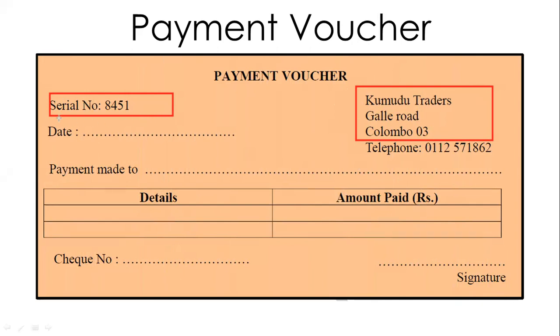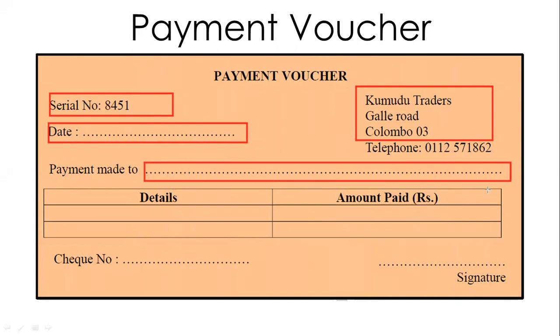Then we report the date of the payment. Then name of the other party to whom the payment has been made. And the details of the payment is recorded in this side, and the amount paid is recorded in this side.